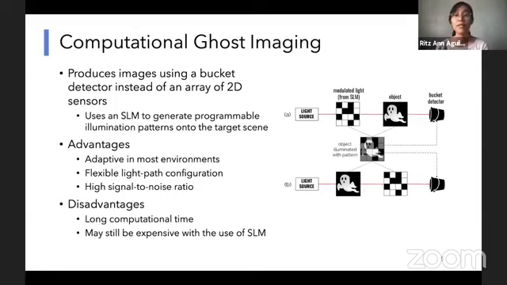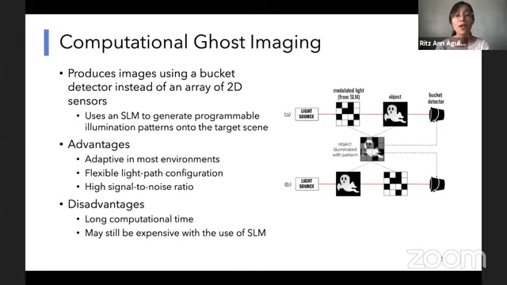So the bucket detector or the single pixel detector just collects all the light, reflected light from the target scene. And so the single pixel detector does not have to face the target scene itself, unlike with conventional imaging wherein the imaging sensor and the lens actually has to be in line with that of the target object.